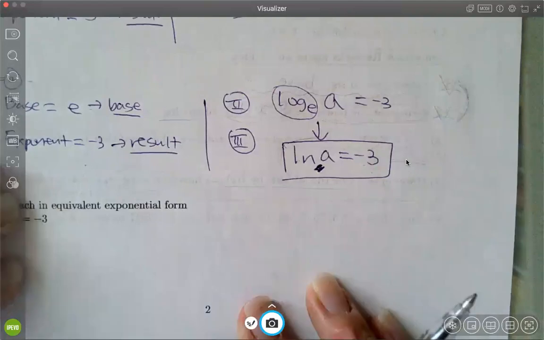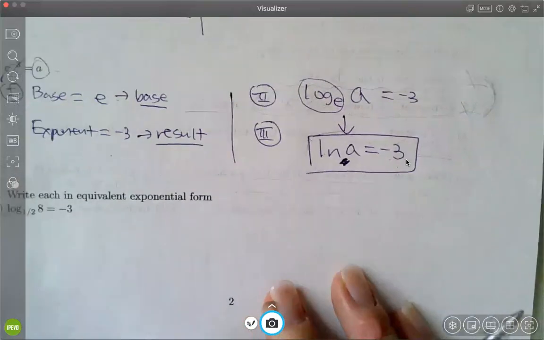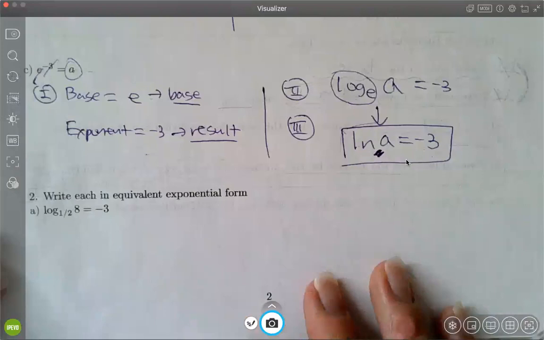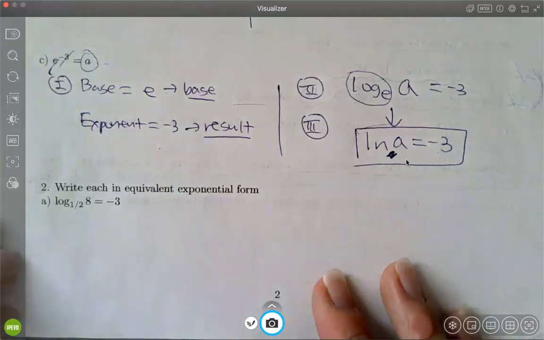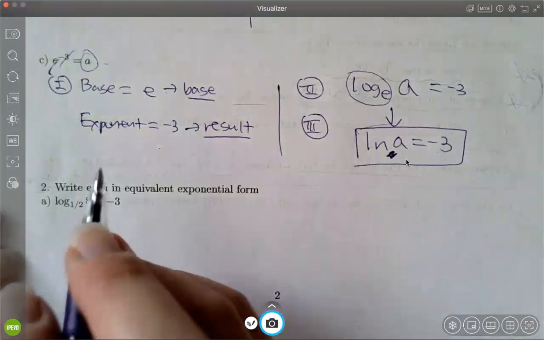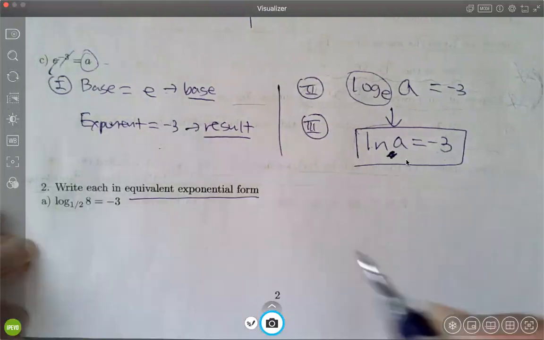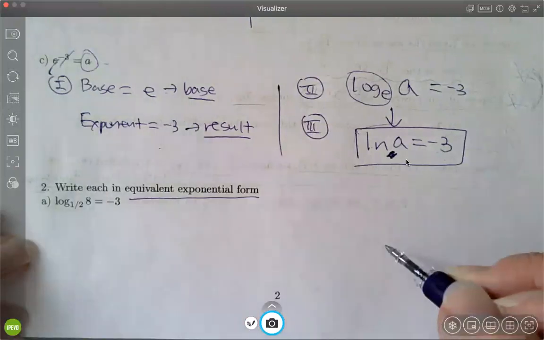So we have converted exponential form into logarithmic statement. And now, can we go backwards? Which means, given the logarithmic form, can we convert into equivalent exponential form? And the answer is, oh yeah, why not?